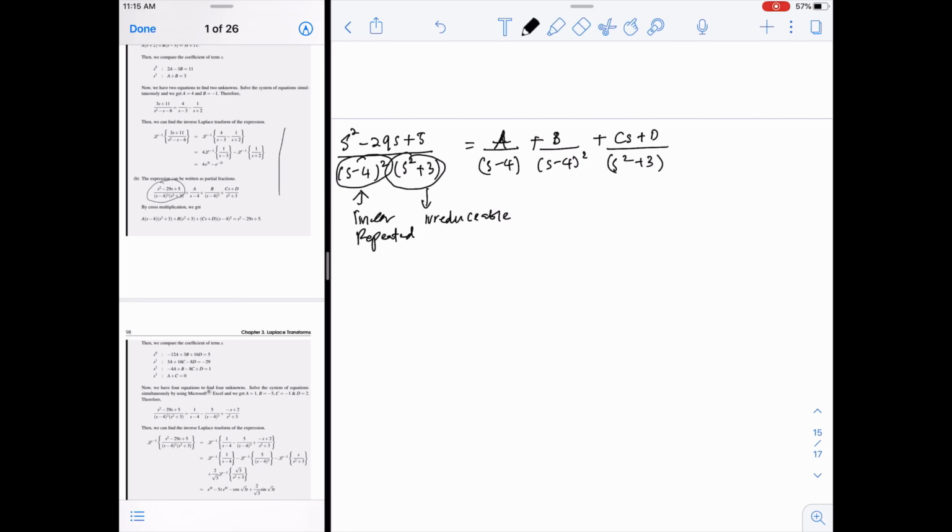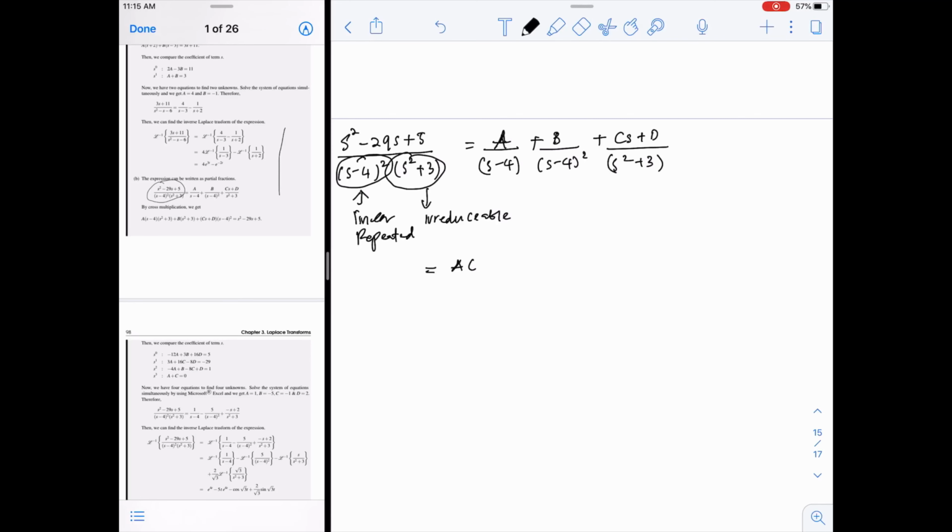So by using a similar technique, we need to make the denominator on the right hand side similar to the denominator on the left hand side. So we need to multiply the A with the factor that it does not have.